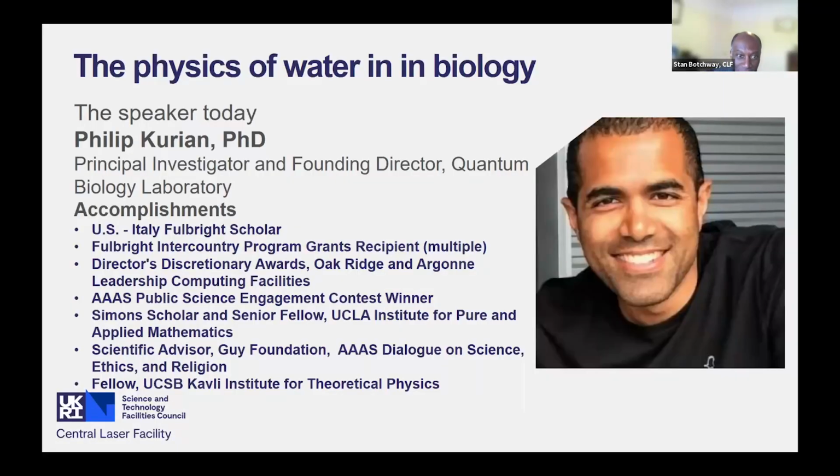So without further ado, I'll introduce our next speaker. Dr. Philip Kurian is currently a principal investigator and founding director of the Quantum Biology Laboratory at Howard University. His career began as a maths teacher in North Philadelphia before completing a Ph.D. in physics. He is the recipient of several fellowships, grants, and awards, including from the Alfred P. Sloan Foundation, US, Italy, Fulbright Commission, the Guy Foundation, National Science Foundation, and the NIH.